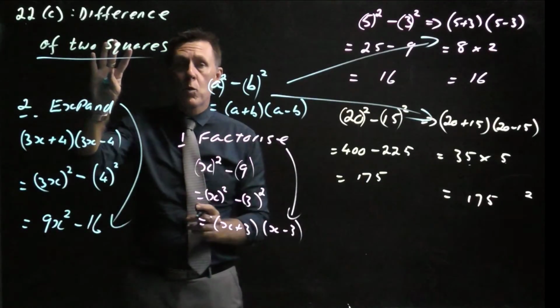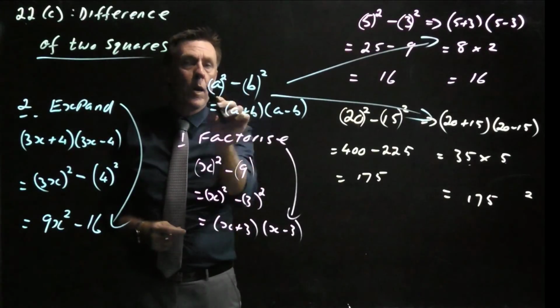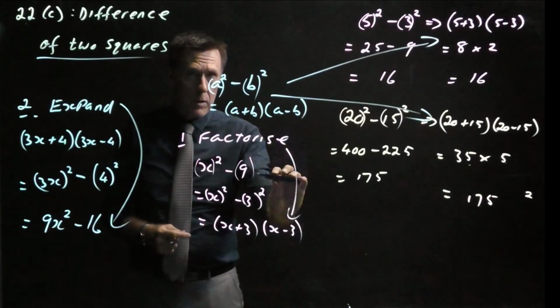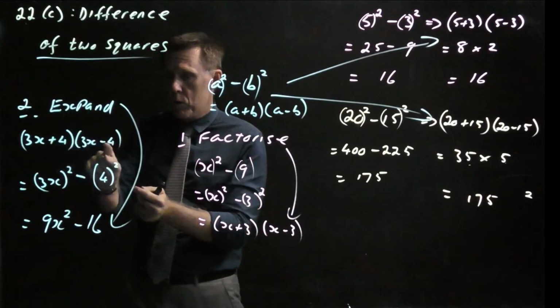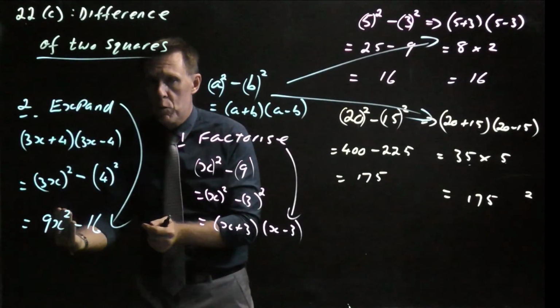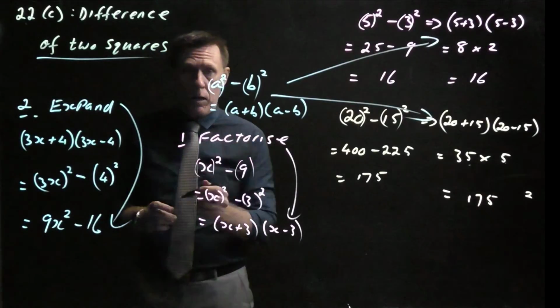So for difference of two squares, there are two types of questions you're going to have. You'll already have two squared numbers taken from each other, and you'll be asked to factorise, like this example. Or you'll already have the factorised format, and you'll recognise it because they're identical except for one's plus, one's minus, and you'll have to do the question backwards and expand it. Difference of two squares. Good luck with those ones.